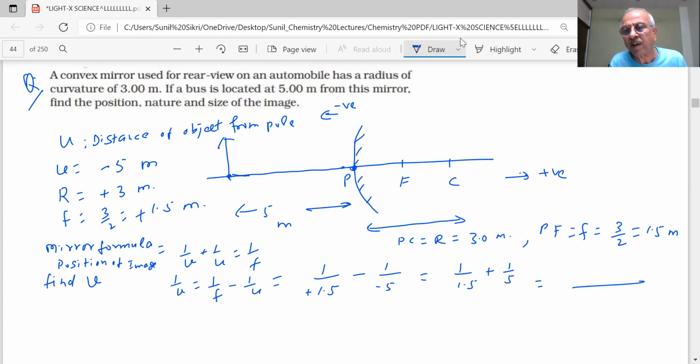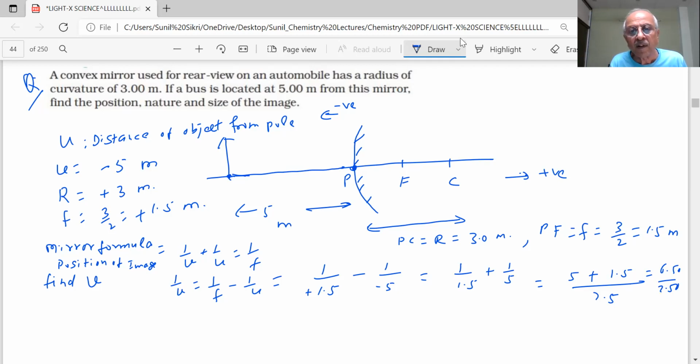So what will be the LCM of this? 7.5. Then what will be the answer? 6.5 by 7.5. That is our 1 by V.